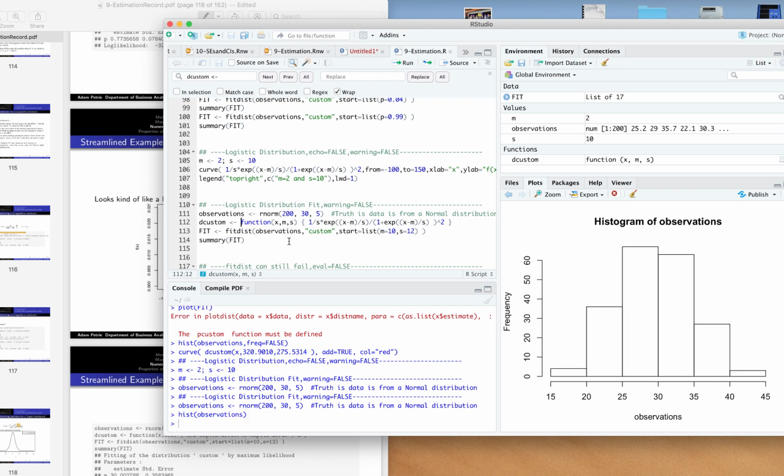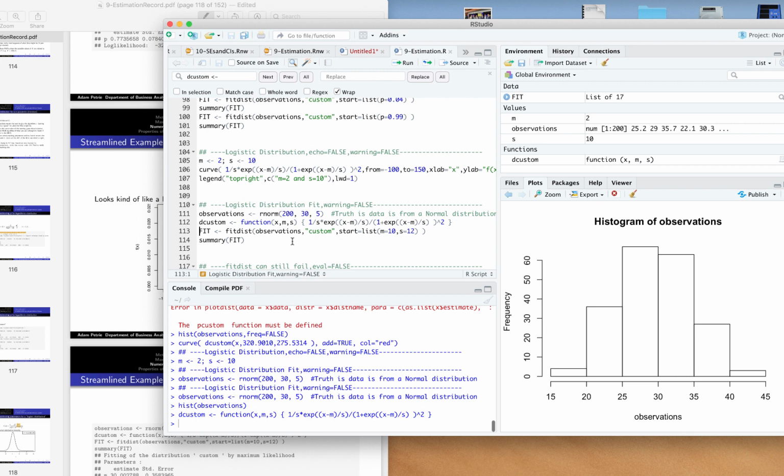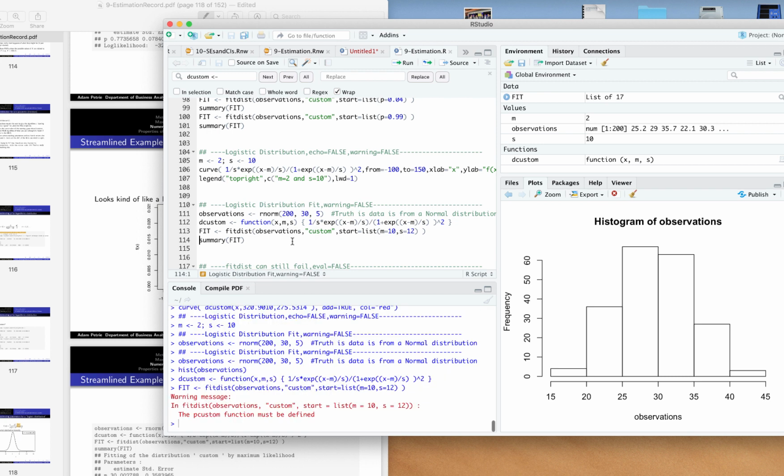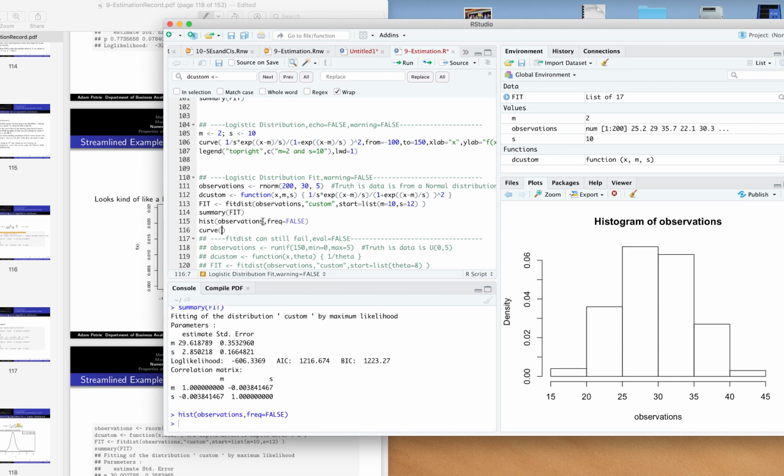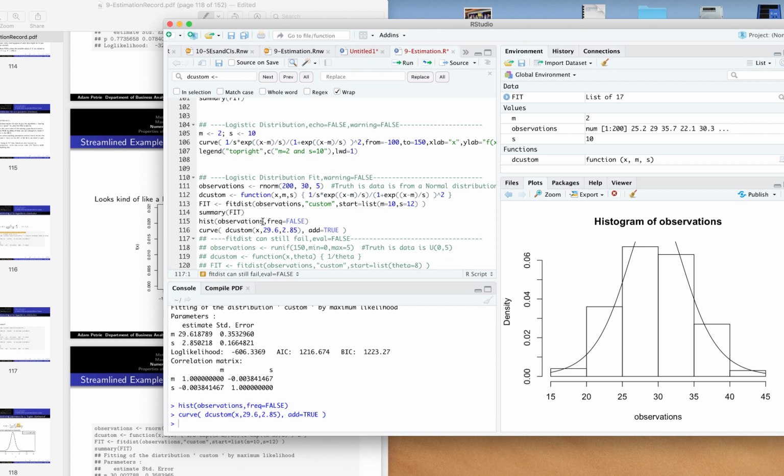That's what it looks like. dcustom, fit it, make a summary of it, and then we can add a curve. freq equals FALSE, and then curve it. dcustom x, 29.6, 2.85, and that looks a lot better.